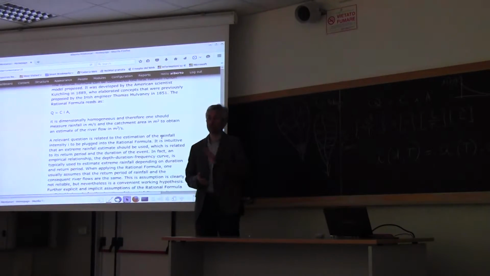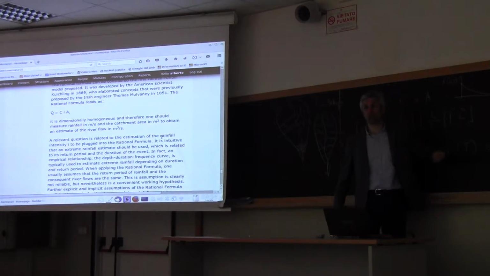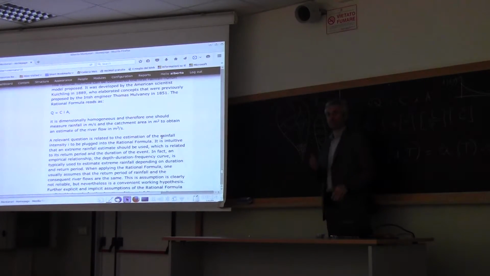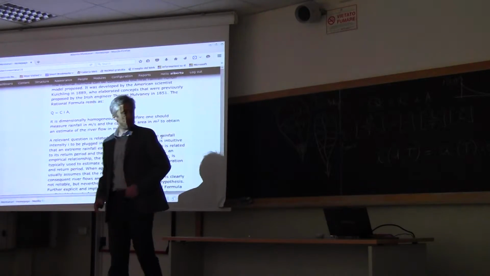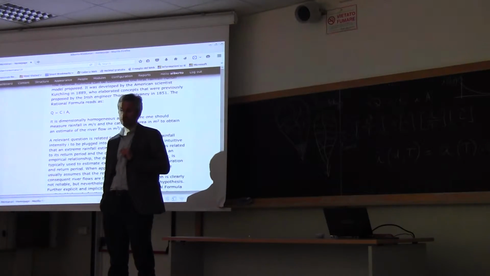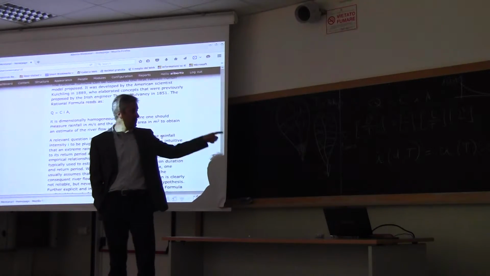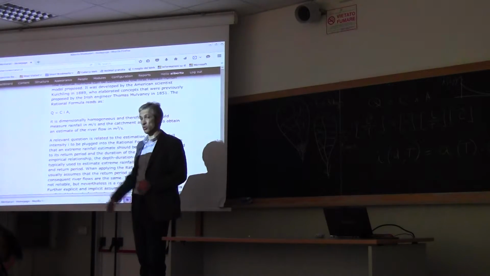Because d is elevated to a negative power. n is always lower than 1. As I said, if you look in the literature, there are indications for these parameters. And therefore, once that you know d, you can get the estimate to plug into the rational formula.